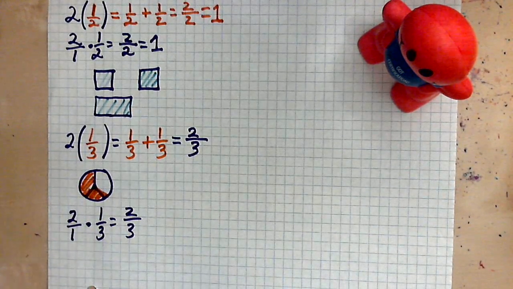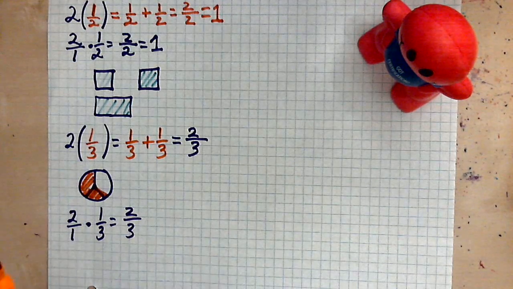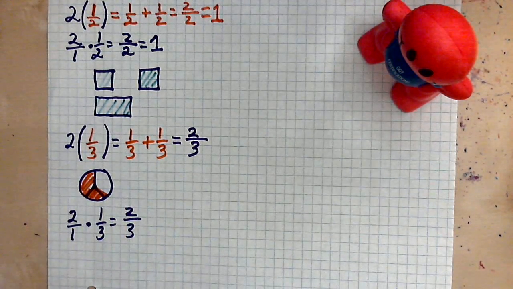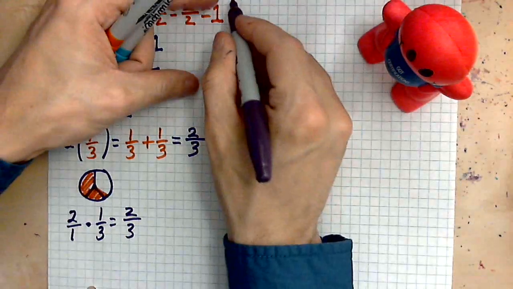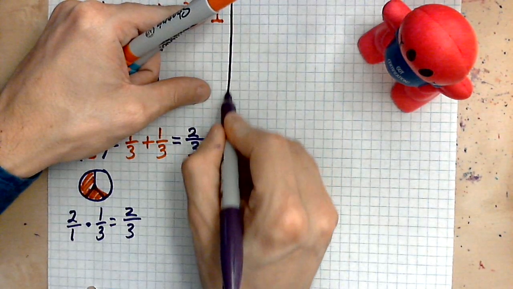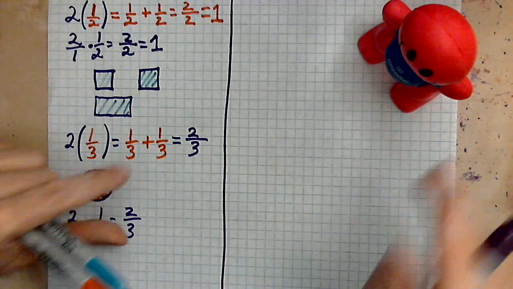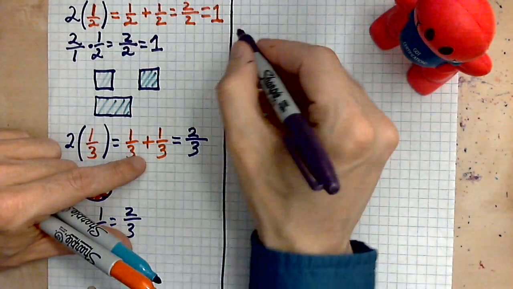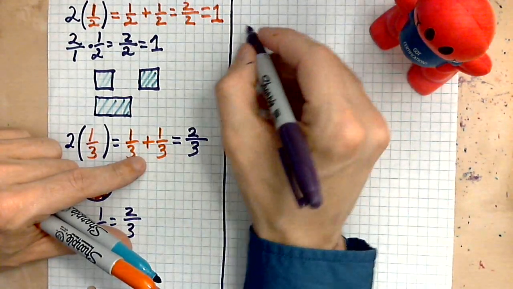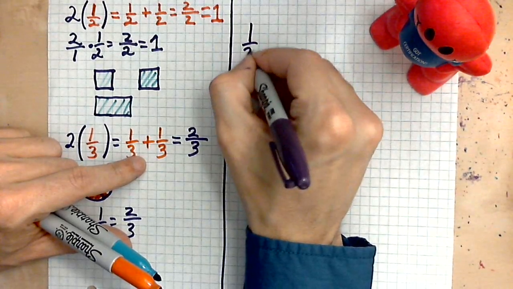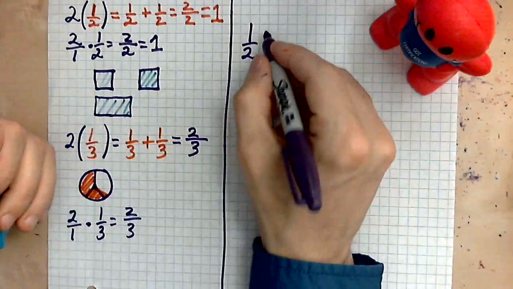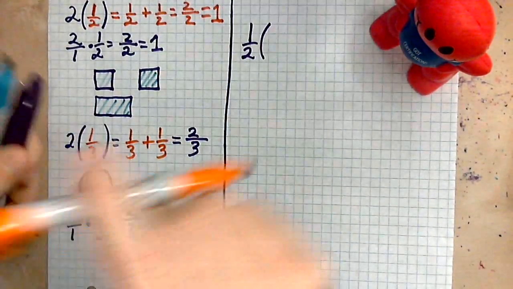So now let's take a look at the last kind of multiplication, which involves an exercise of the following kind. Let me draw a line here to separate our work. Here we are. And that is the following. What if we are given something like a half multiplying a third?